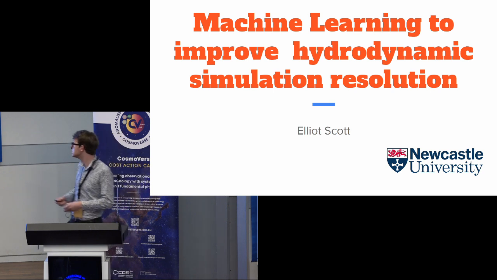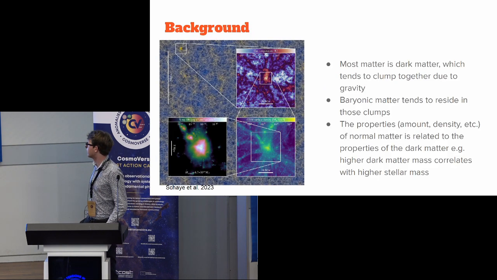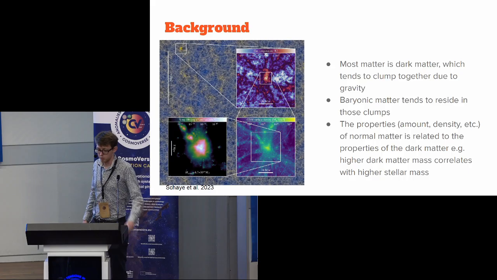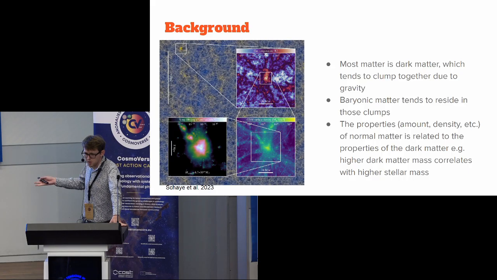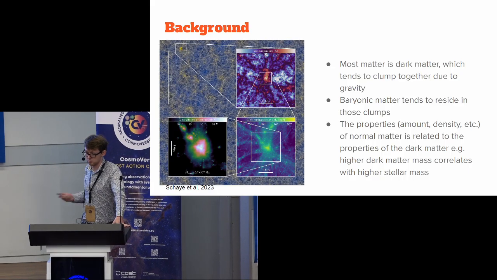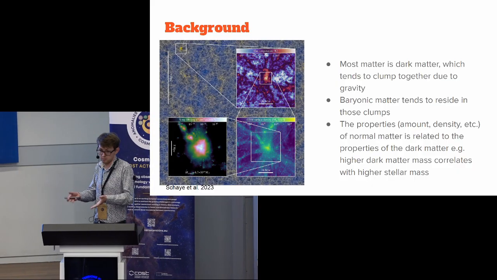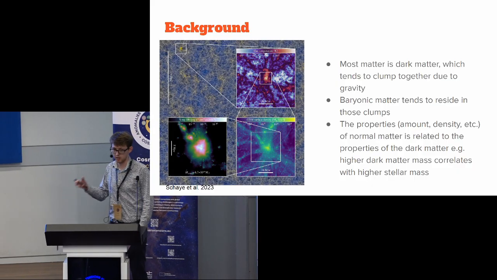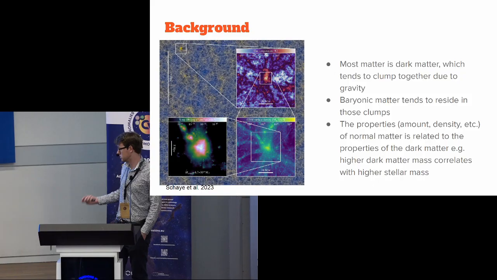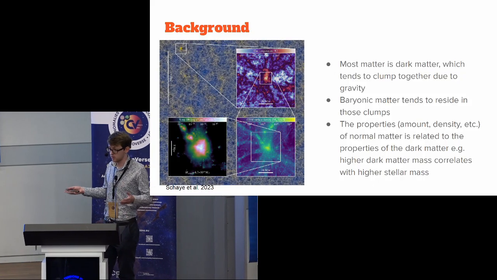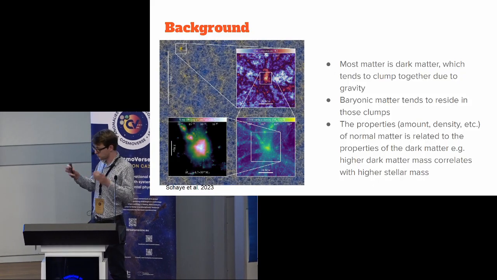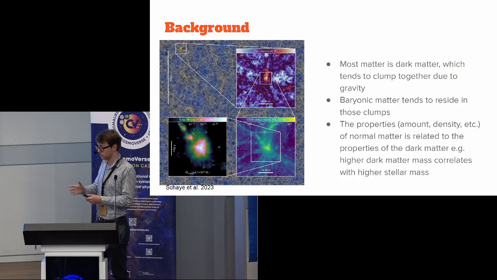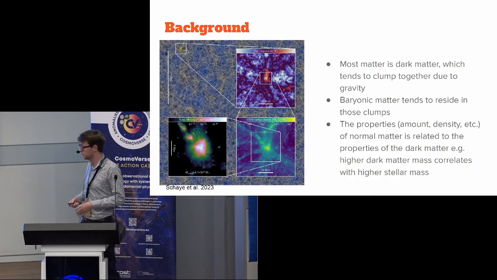Marika Asghari. Just for a bit of background, stuff that I'm sure you all know, most of the matter in the universe is dark matter, and that dark matter tends to cluster together in halos due to its gravity. Galaxies also locate themselves in those clusters due to the gravity of the dark matter.